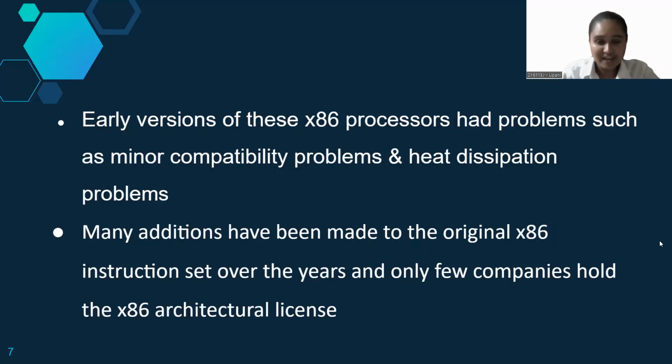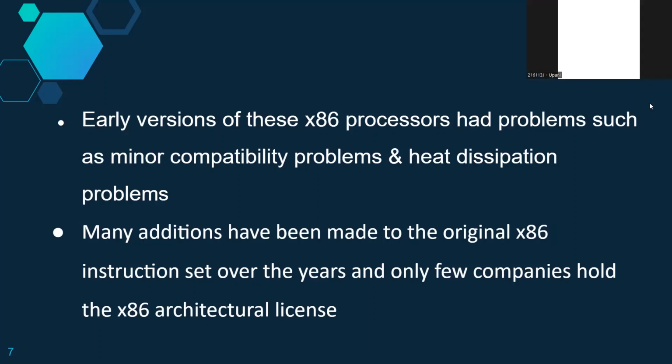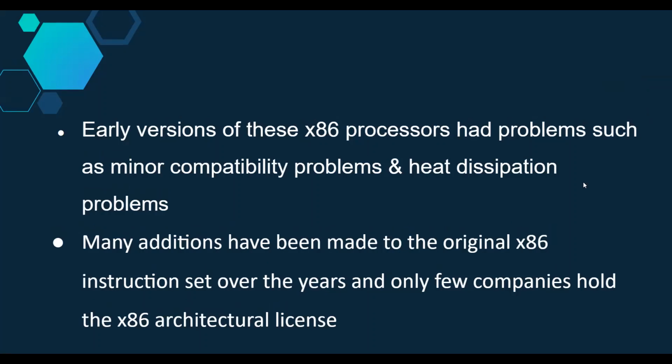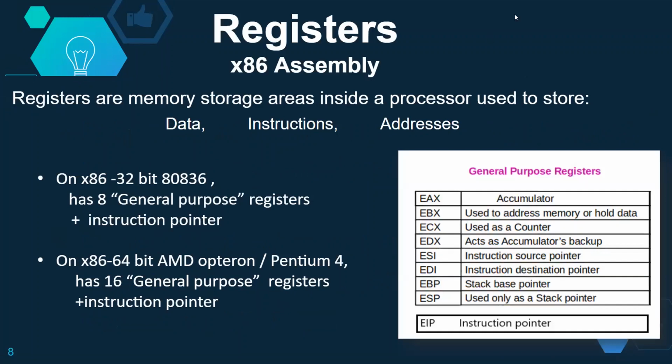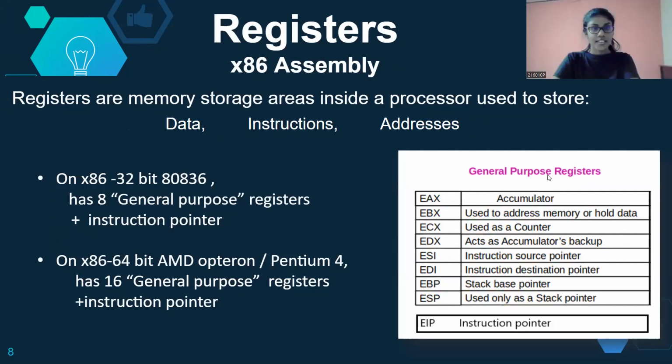So I would now like to invite Tharindi to talk about registers. Thank you, Upani. I'm going to take the part of registers, which are the hardware components of an x86 processing computer.